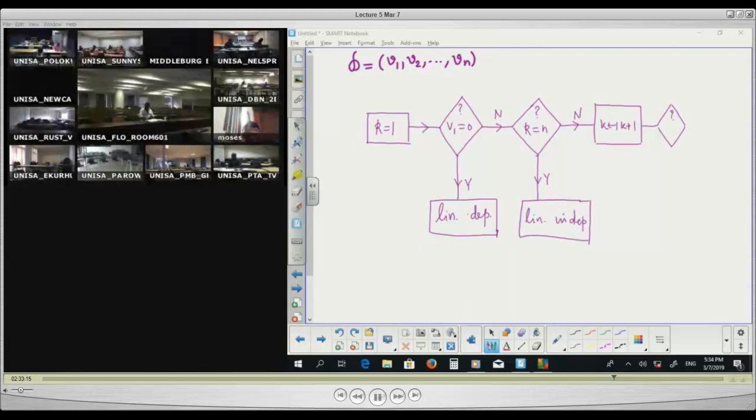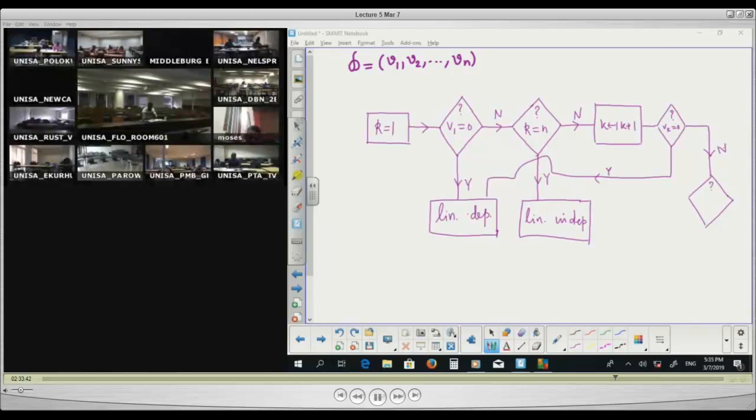If the answer is no, then you ask this question. And what's this question? This question is, Vk belongs to span of V1 to Vk minus 1.